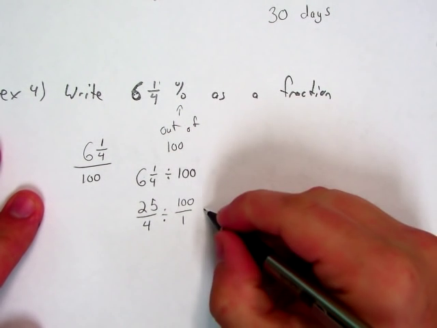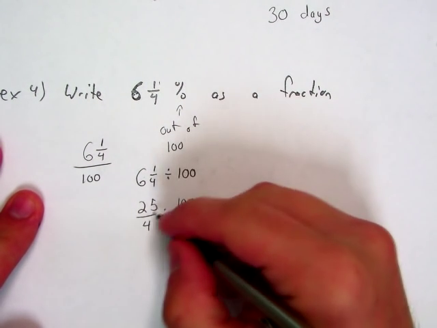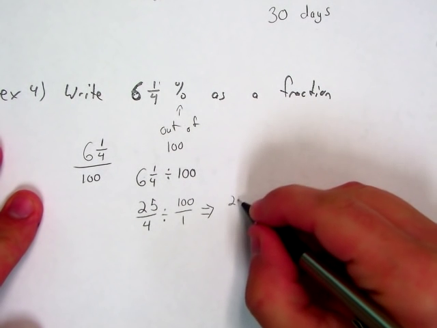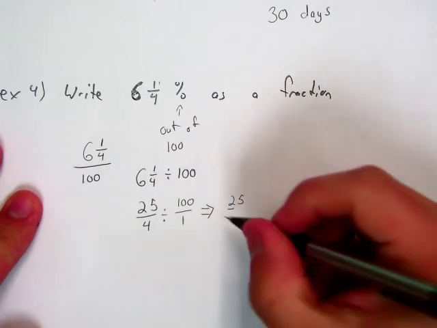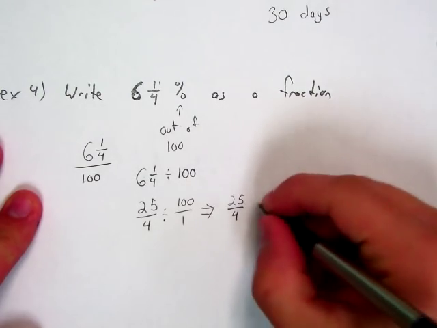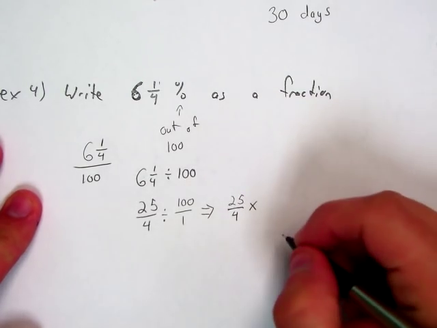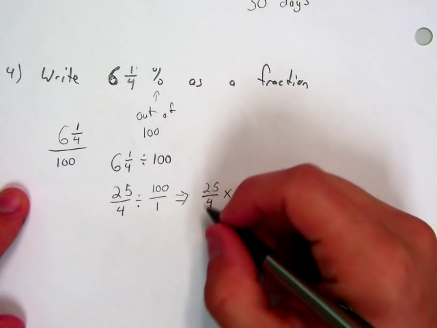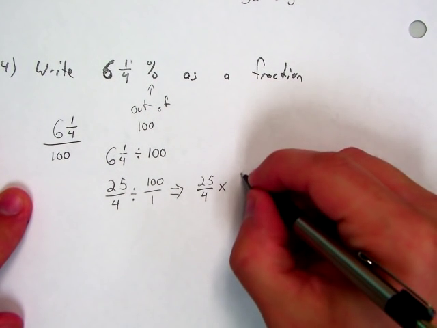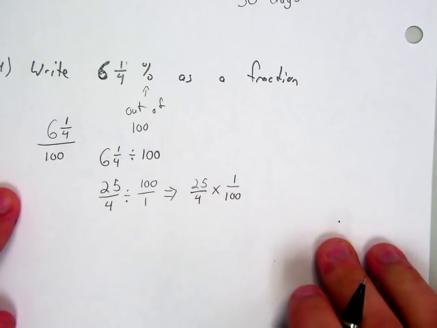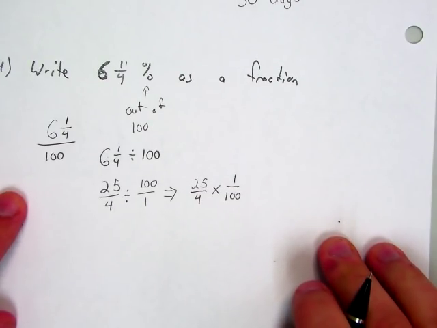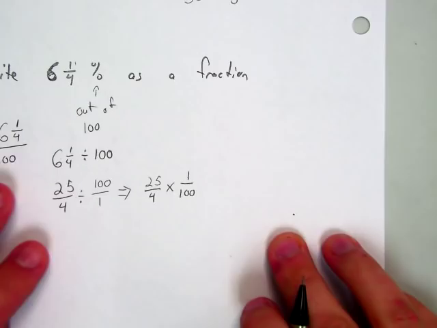In order to do this problem, I'm going to keep, change, flip. So I'm going to keep the first number the same. I'm going to change division to multiplication. And I'm going to flip the second fraction to its reciprocal. If you see how to simplify it right now, go ahead and do that.